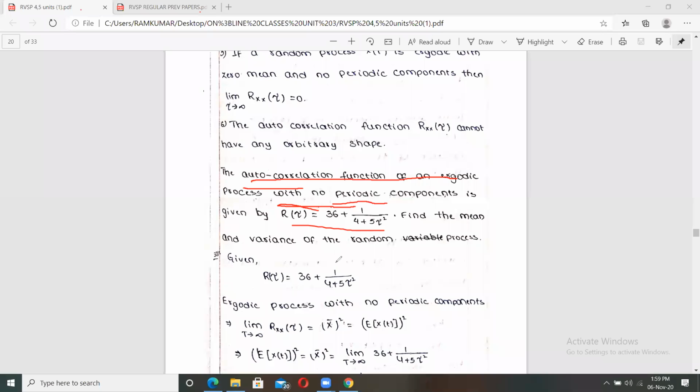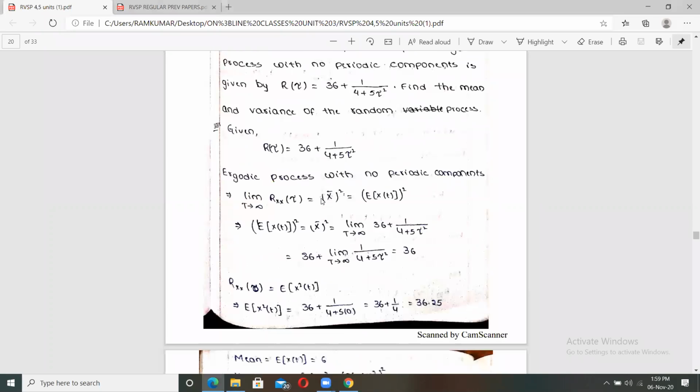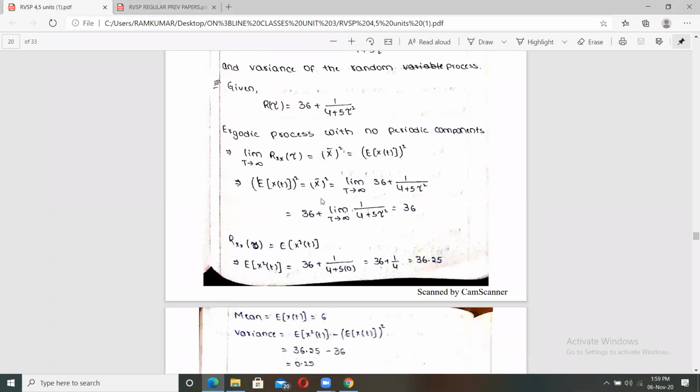Now, coming to the solution of this problem. R of tau is equal to 36 plus 1 by 4 plus 5 tau square. Here is the ergodic process with no periodic components. Just now we discussed these properties.